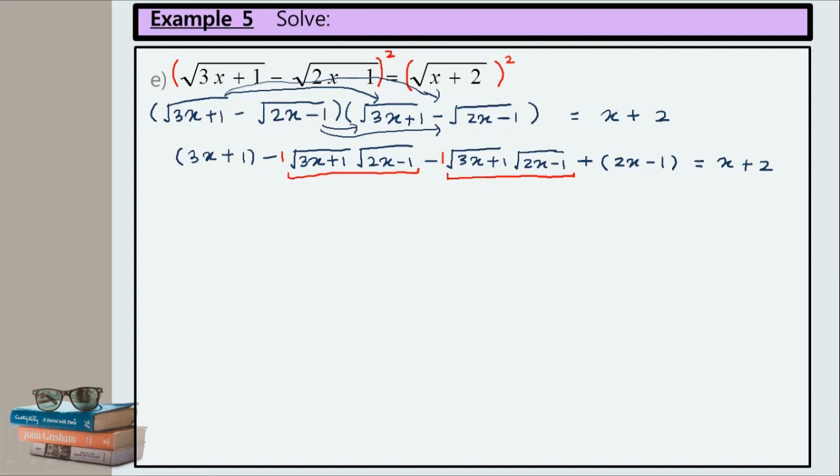So negative 1 minus 1, we will have negative 2 √, yang ni kan √A, √B, so actually kita boleh gabung terus, so √(3x plus 1) times (2x minus 1), gabungkan dia. Okay, equal to x plus 2. Okay, kumpulkan yang mana yang tak ada √ dekat sebelah kanan. So we have 3x minus 1 minus 2x plus 1.